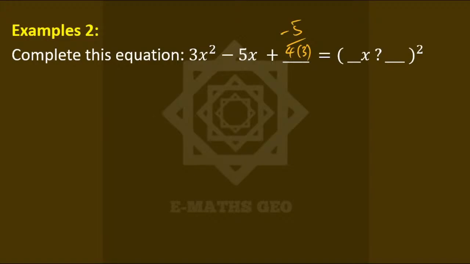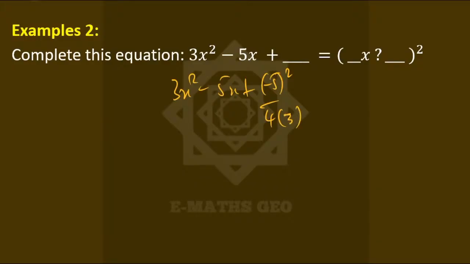So let me just erase it and write it well down. We have 3x squared minus 5x. We add minus 5 all squared over 4 times 3 to make it a perfect square. And the resulting perfect square, since this is negative, the square root of 3x squared is root 3 times x.